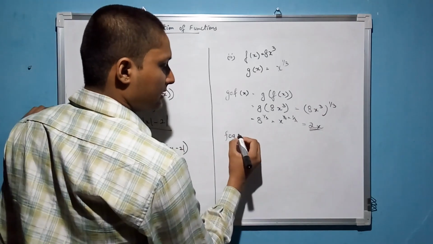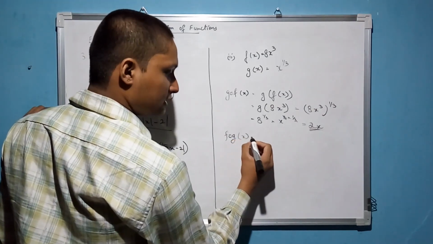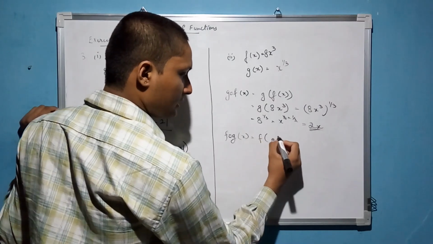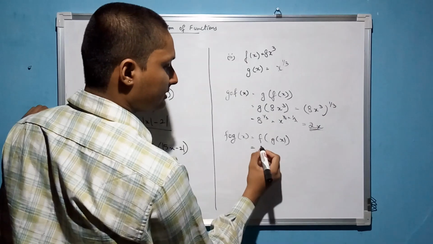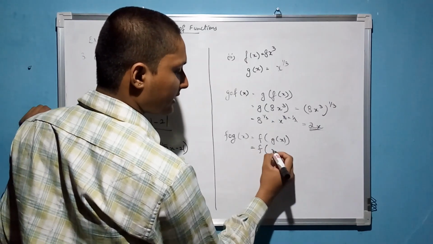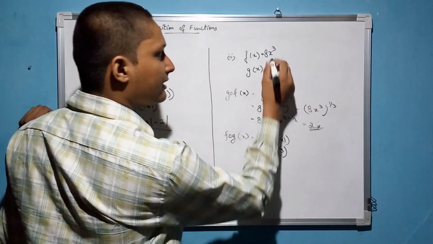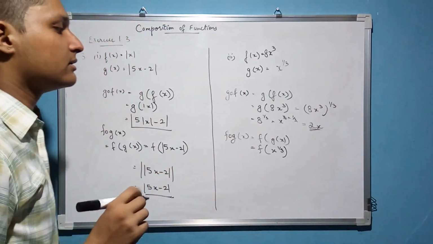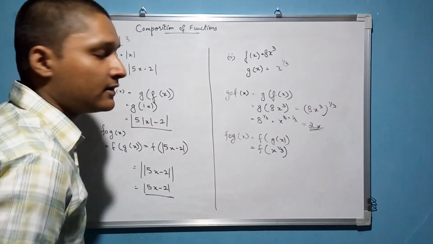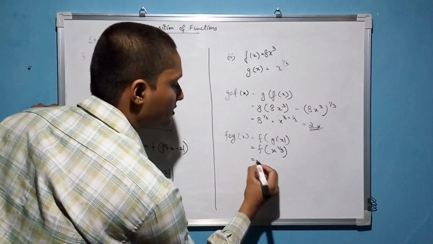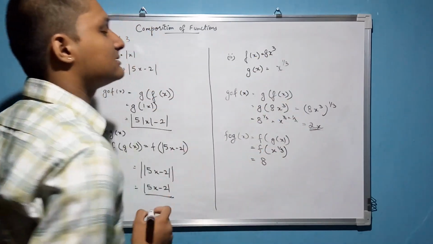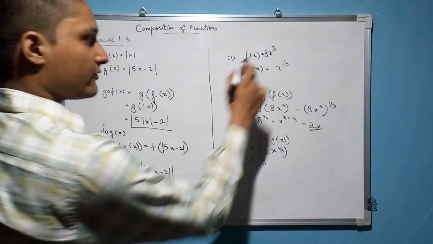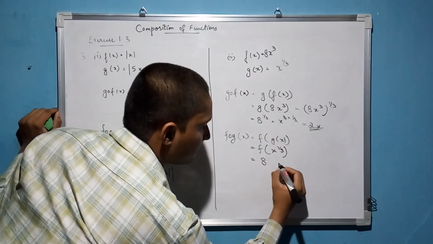Right? Now f∘g of x. That comes to be f of g of x. What is g of x? It is x power 1 by 3. So f of x power 1 by 3. Wherever x is there, I need to substitute x power 1 by 3 in this case. So here you have 8x cube. 8, let it be like that. Then in place of x, I need to substitute x power 1 by 3.